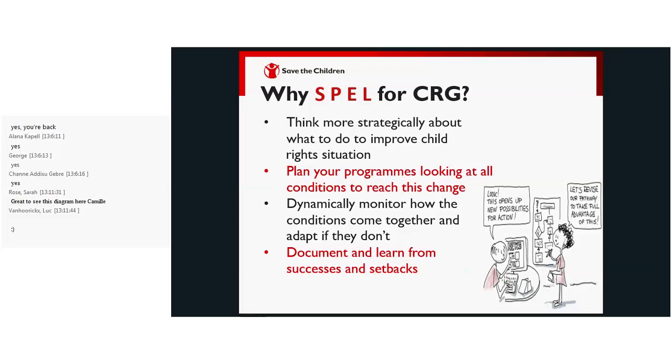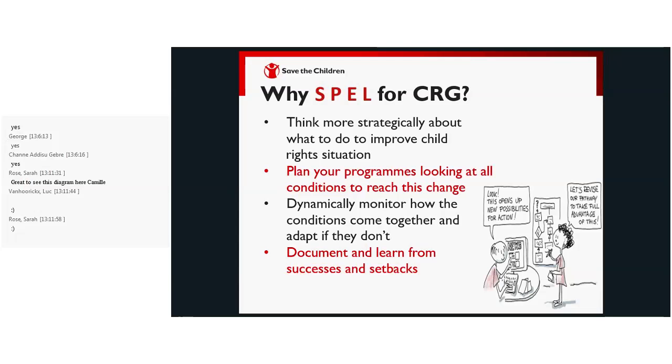So why SPEL for CRG? What the monitoring, evaluation, and learning systems for CRG lacked to date were a better strategy program design tool to assess more comprehensively what to do to change the child rights situation, with whom, using which path or which tactics, and for which outcomes for children.